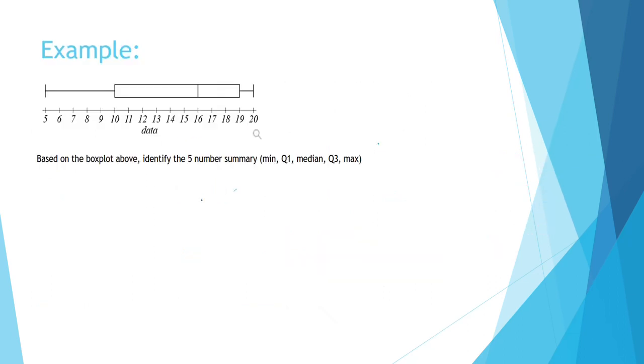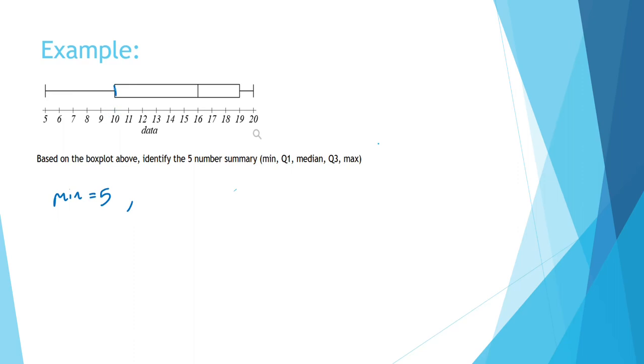You are given a box plot and we want to find the 5-number summary. So pause the video and try that on your own. Looking at this box plot, we notice that there are no outliers. There's no asterisk or dot on the left or right side. The minimum is the smallest value, and that's 5.